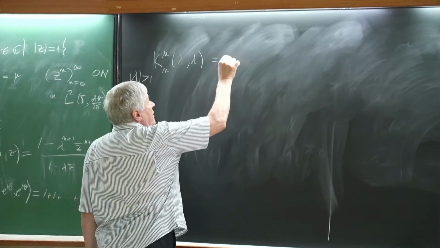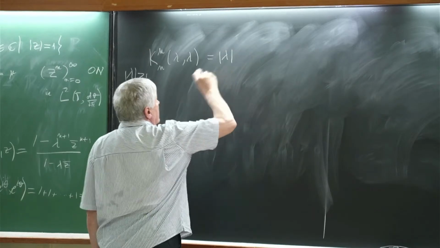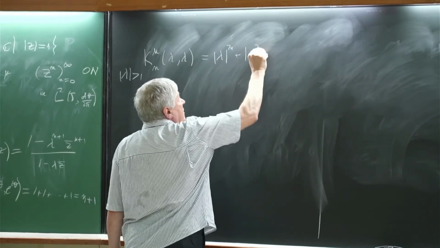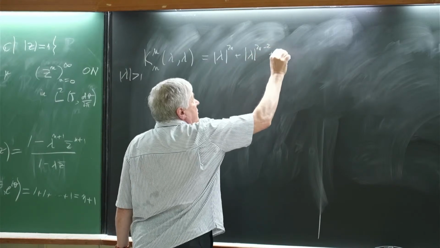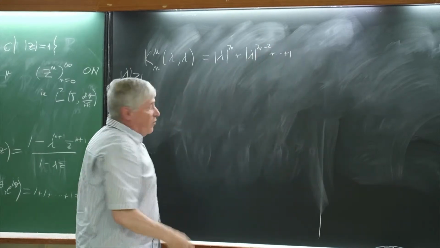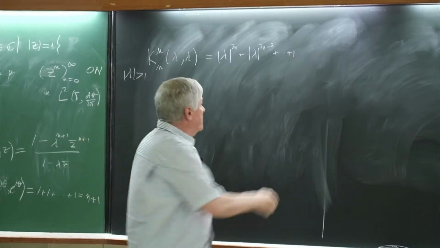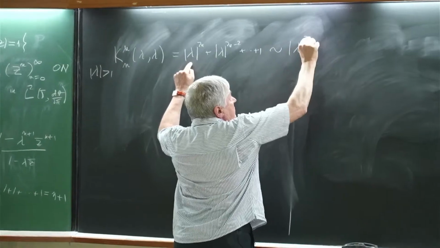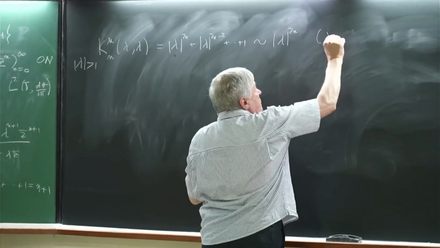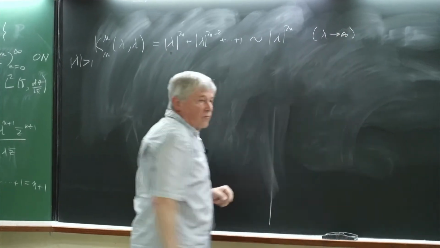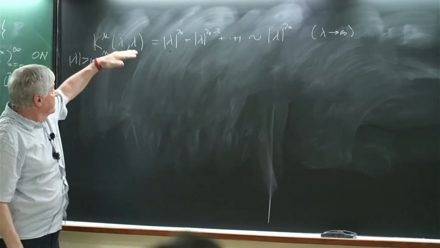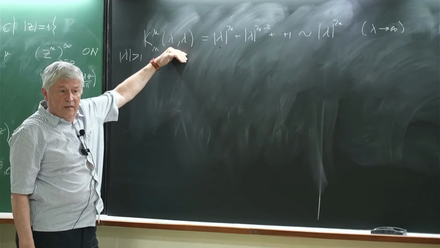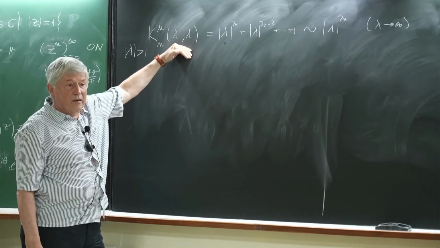This will be lambda to the power 2n plus lambda to the 2n minus 2 and so on plus 1. So if I do asymptotics, this leading term decides everything when lambda tends to infinity. So for sure, this has a geometric growth at infinity when n increases.